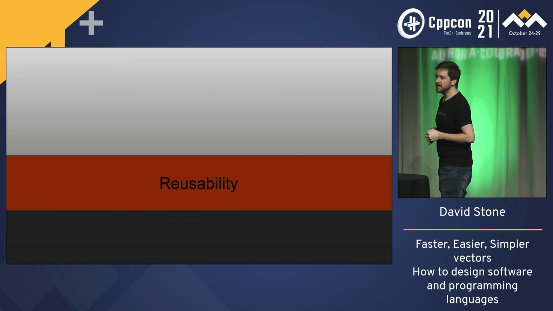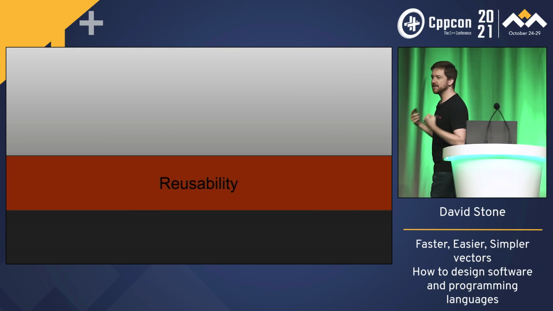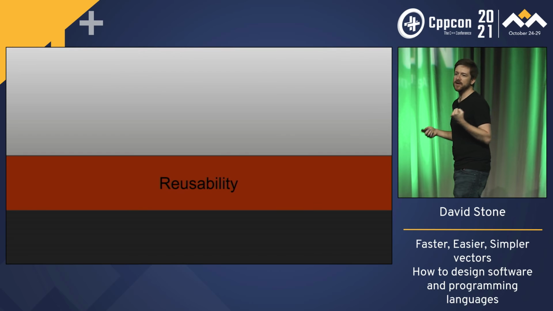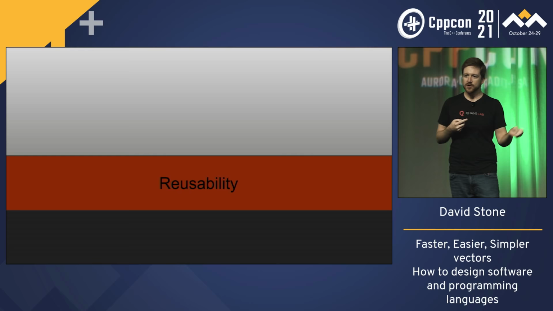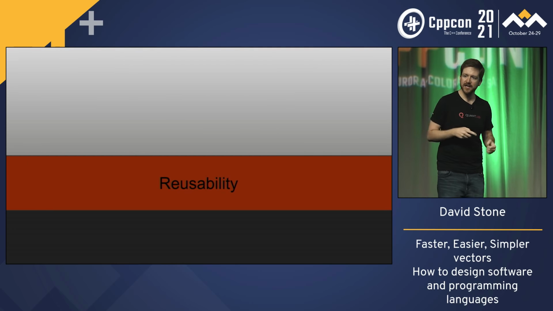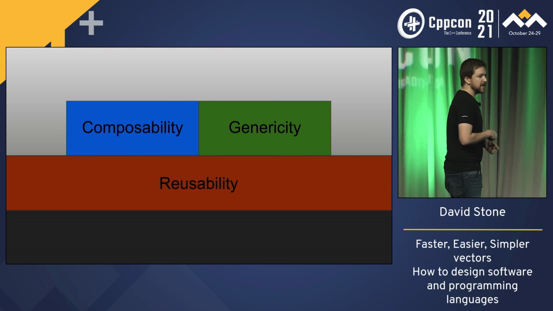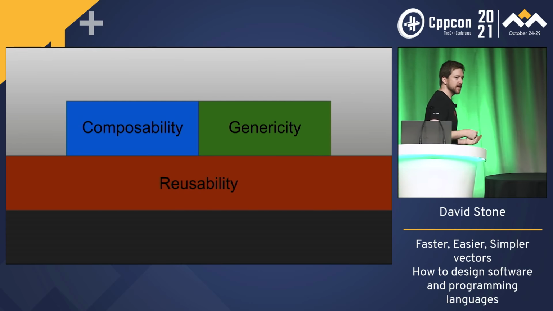So let's look at some principles of software design. Reusability. Reusability is great. We love software reusability. I would define reusability as saying, if you encounter the same problem again, you can take the code that you wrote and use it to solve that problem here. And that's pretty good. But sitting above reusability, I would say there's composability and genericity.